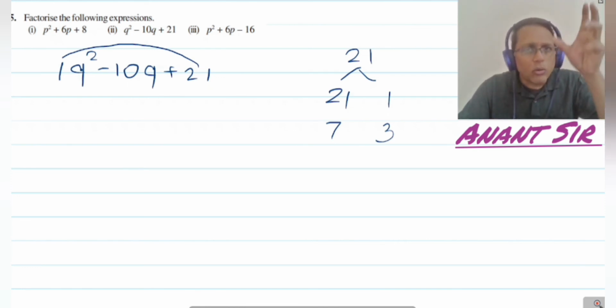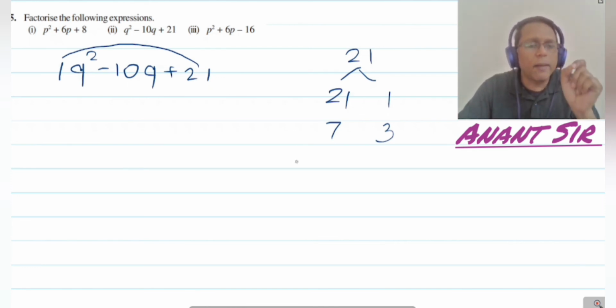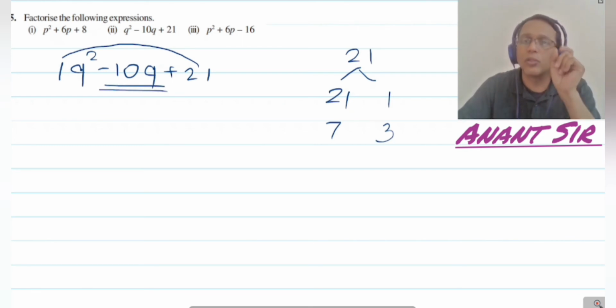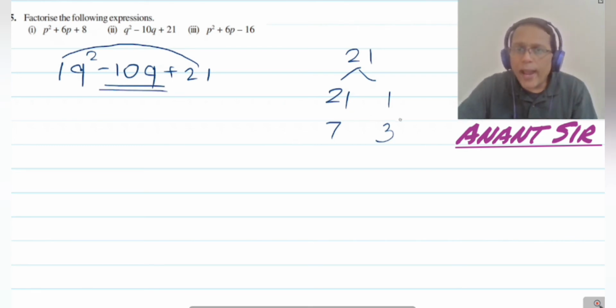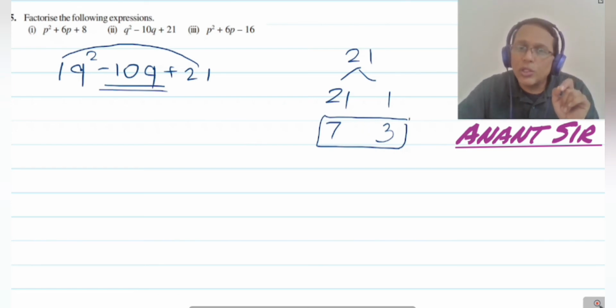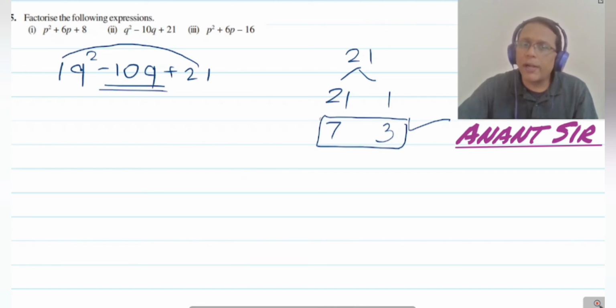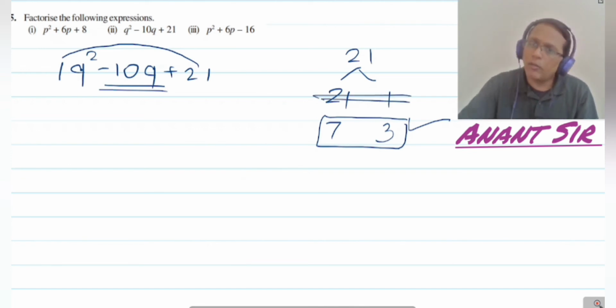Out of the given pairs, you have to choose that pair where if you add or subtract the 2 numbers, you get the middle term as the answer. So if I add 7 and 3, I get the middle term as the answer. So this is my important pair, my useful pair. 21 and 1 is not useful for me. Forget about it.